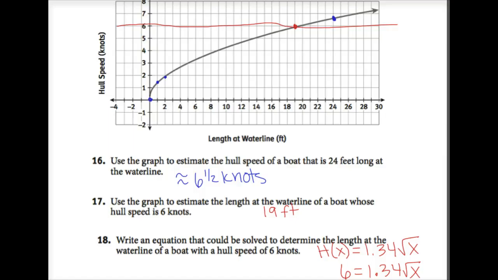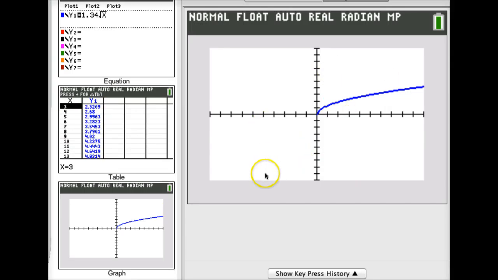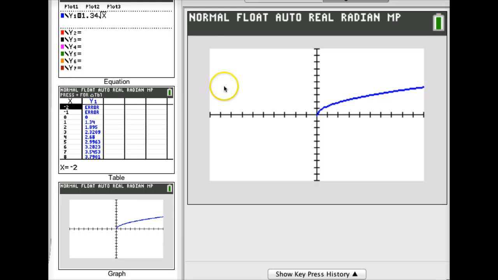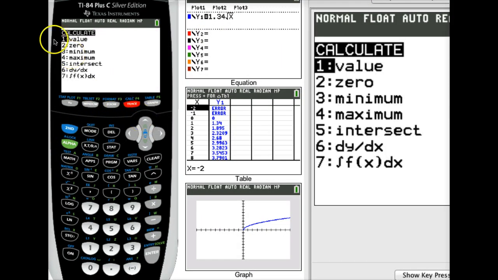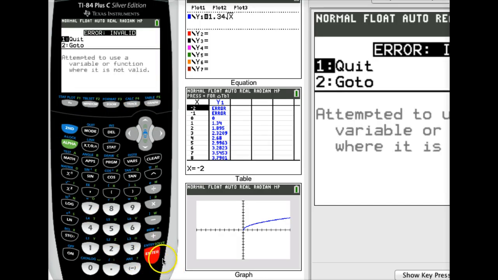So just reviewing real quickly, if I have the hull speed equation in here and I've got it graphed and it wants me to estimate the hull speed of a boat that's 24 feet long at the water line, of course, you could do that algebraically: 1.34 times the square root of 24. That's perfectly fine. If we've already graphed it, the easy way is to go to second trace, choice 1, value, and then just type in the x that I want, press enter.